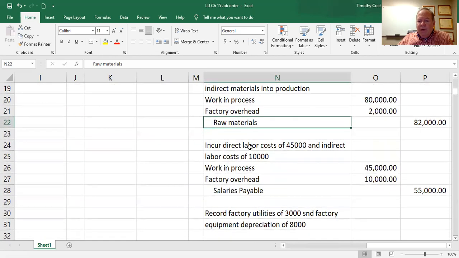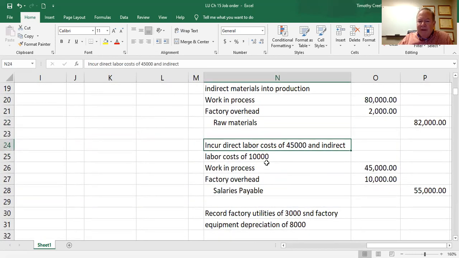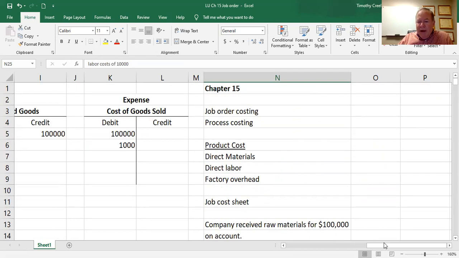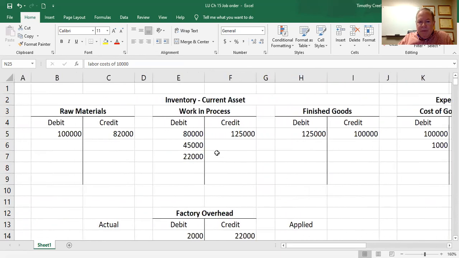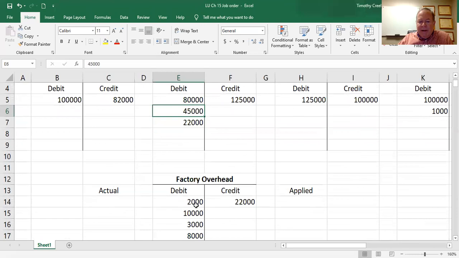Now, what if we incur direct labor cost of 45,000 and indirect labor cost of 10? So direct labor cost would be added into work in process. And indirect labor cost would go into factory overhead. So we would debit work in process for the direct labor, and we would debit factory overhead for the indirect labor.